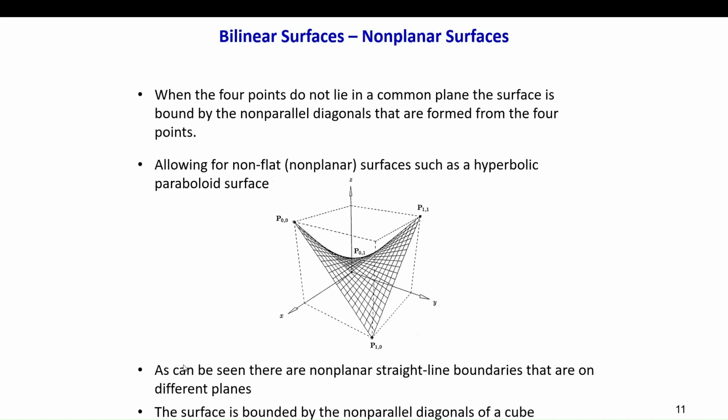In the figure, you can see that there are non-planar straight line boundaries that are on different planes. The surface is bounded by the non-parallel diagonals, which form a cube. So as you can see, you have the dotted lines here that are forming a cube. This surface is bounded inside of this cube and forms the surface.